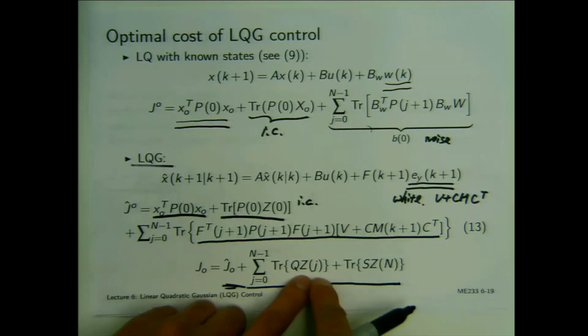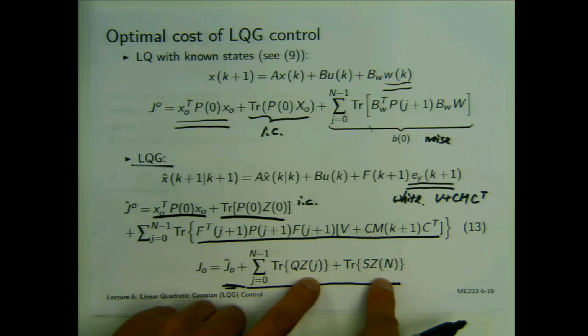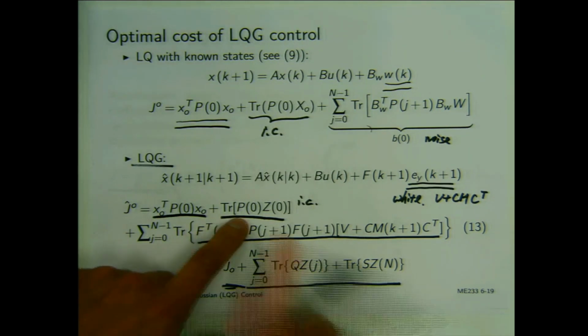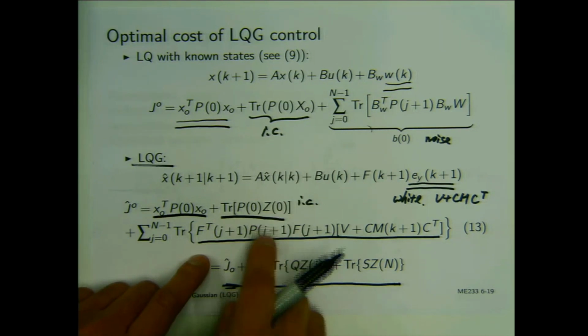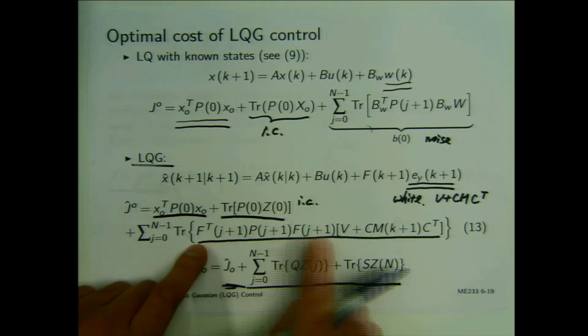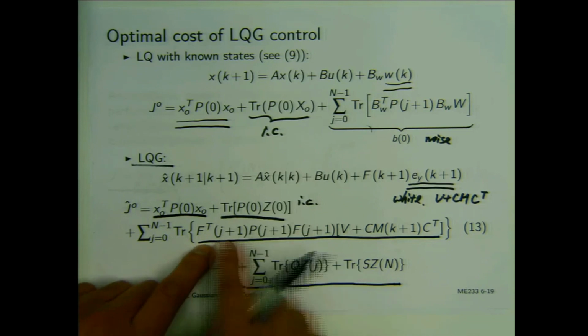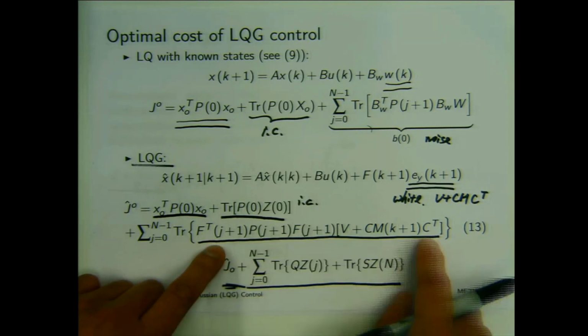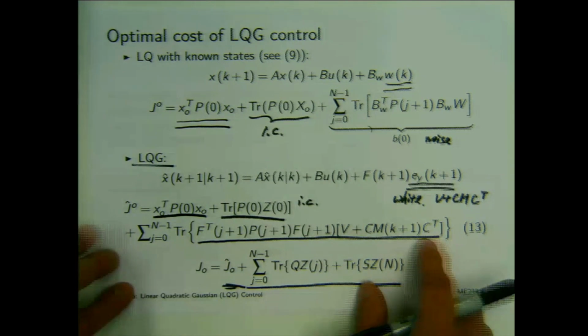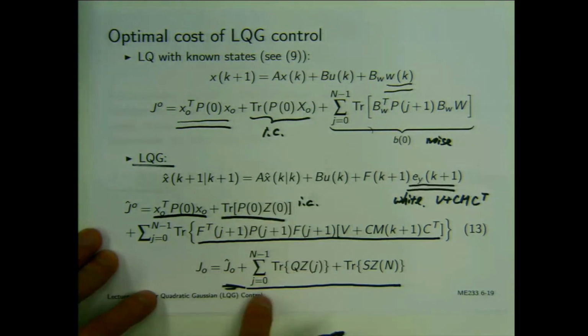As you can see, these are the estimation error covariances, right? They are non-zero. Also, if you take a look here, the estimation error covariance is non-zero. And inside here is a big quadratic function, and this one is positive definite. So it's a summation of a bunch of positive terms.